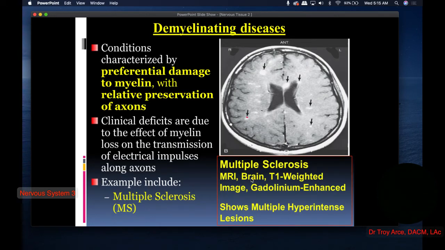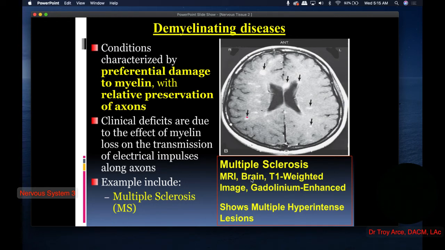So again, with demyelinating diseases, the conditions are characterized by preferential damage to the myelin with relative preservation of axons. The clinical deficits are due to the effect of myelin loss on the transmission of electrical impulses.